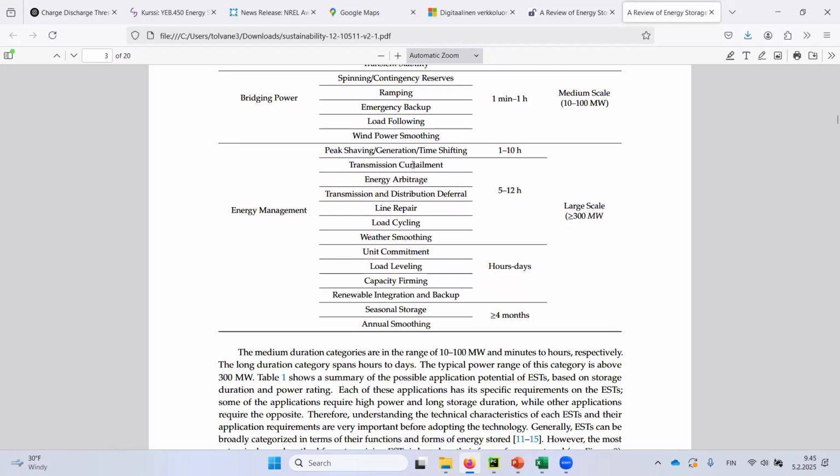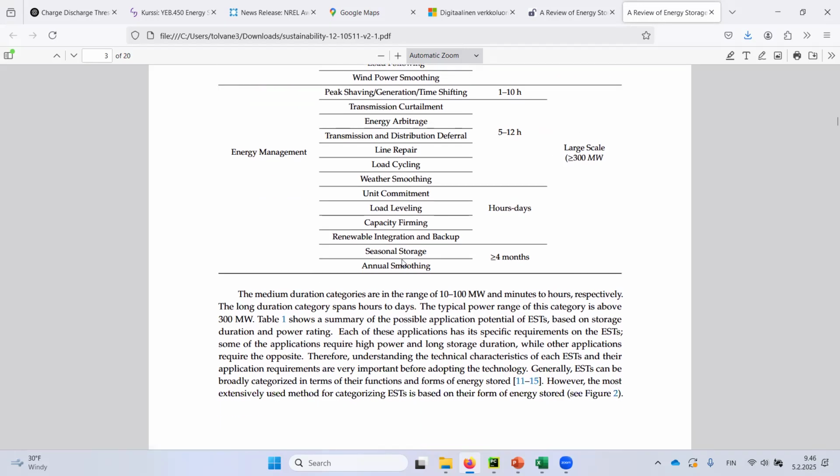And then you start to go to peak shaving, and in here, transmission curtailment, energy arbitrage, because it operates in the electrical markets. It needs 5 to 12 hours capacity, and it doesn't have to be that large for energy arbitrage, but to get a system that's usually operated, it has to be really large.